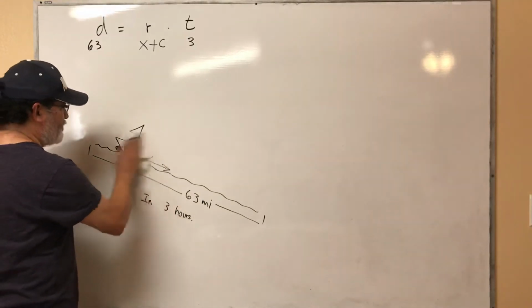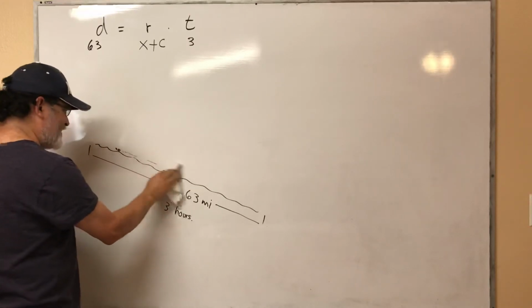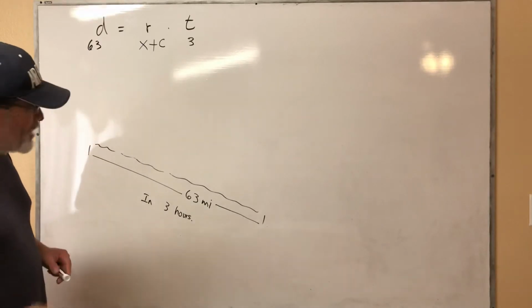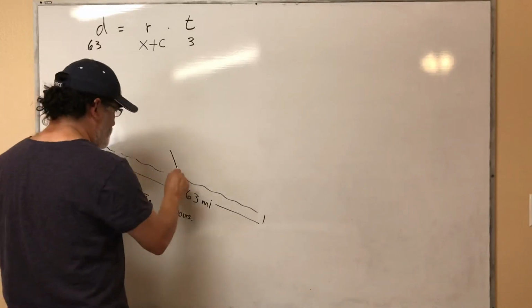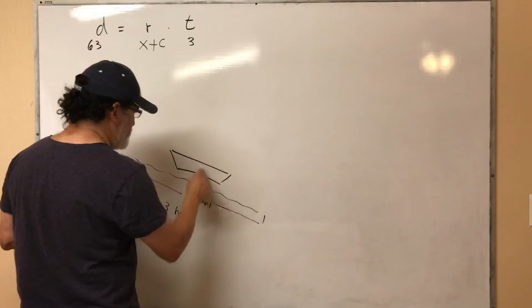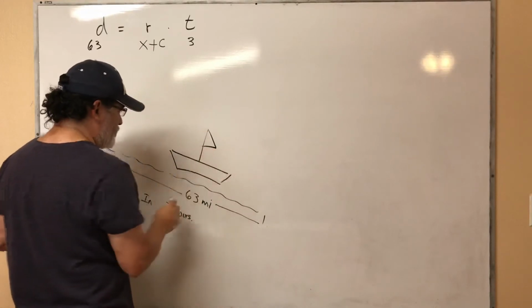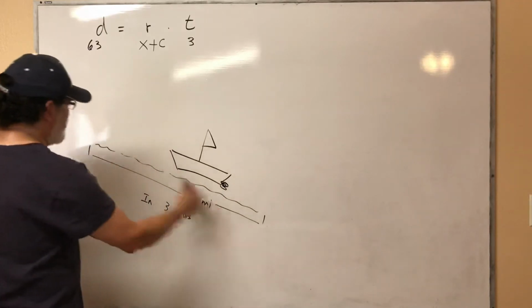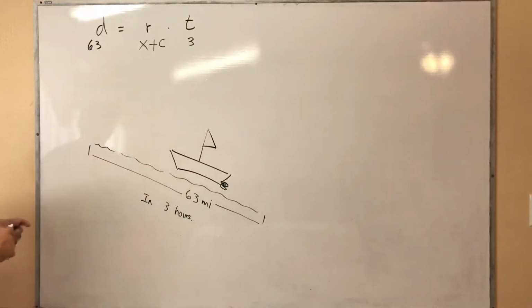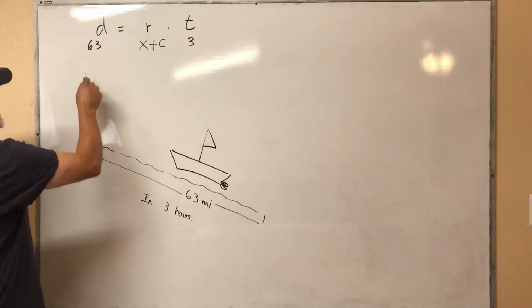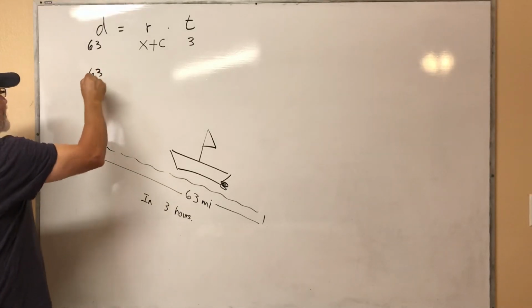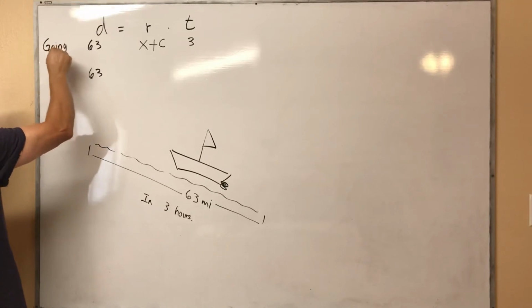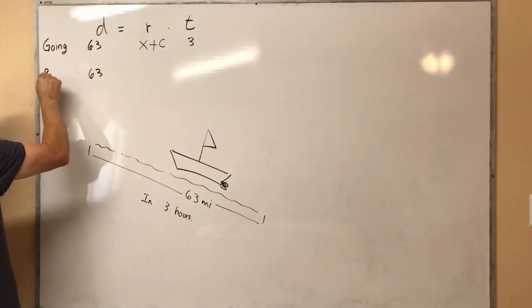So now, sometime later, the same boat is going to return. And now the motor is there. It's going up now. So the distance is going to be the same. This is going, and this is return.